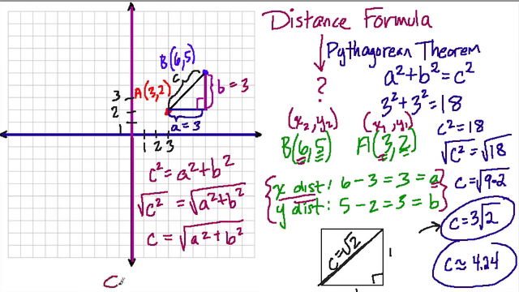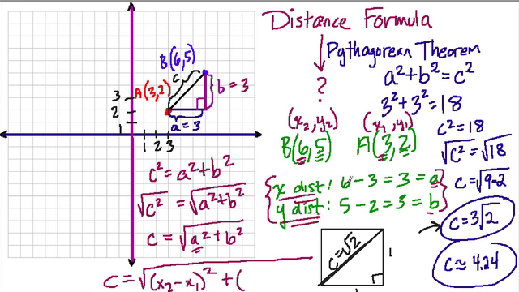So I can start rewriting this. c equals, here we go, x2 minus x1. That's just our a value. I just subtracted and found the x distance here. That's squared. Plus, for the b distance, that was our y distance, we subtracted y2 minus y1. We found that height.